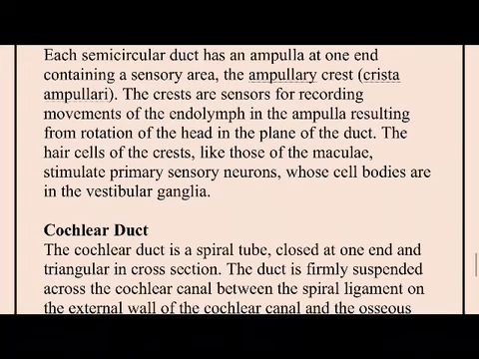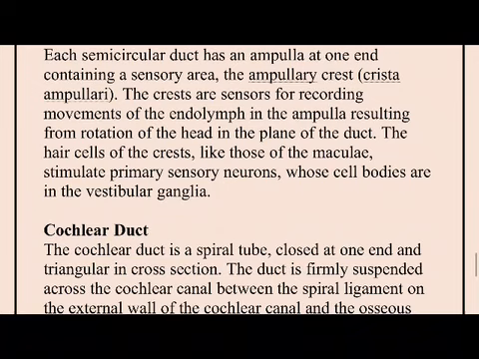So when you have movements resulting from rotation of the head in the plane of the ducts, the crest acts as sensors to record such movements. The hair cells of the crest, like those of the maculae, stimulate primary sensory neurons that have cell bodies in the vestibular ganglia.